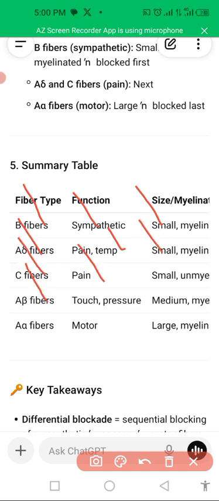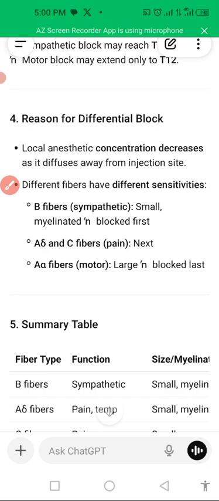A beta fibers are for touch and pressure, and A alpha fibers are for motor. These are large myelinated fibers. So these fibers block pain, touch, pressure, sympathetic activity, and also motor blockade. These blockages result in different blockade sequences, and spinal anesthesia shows its effects.